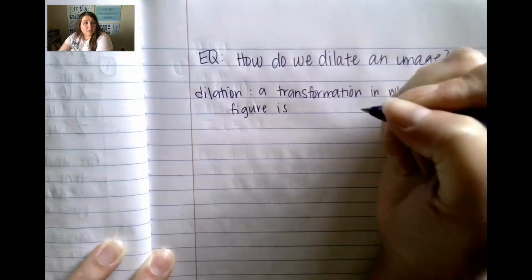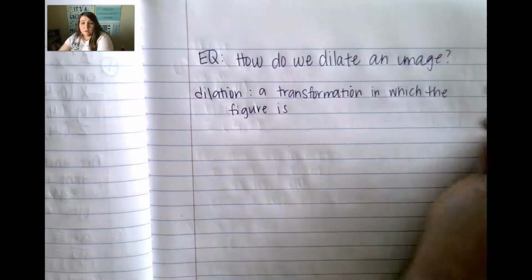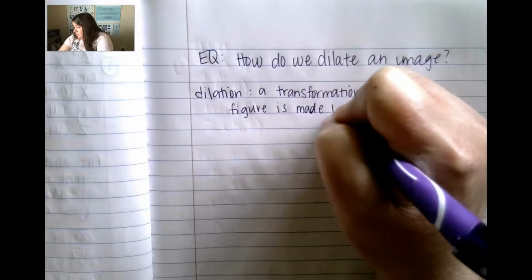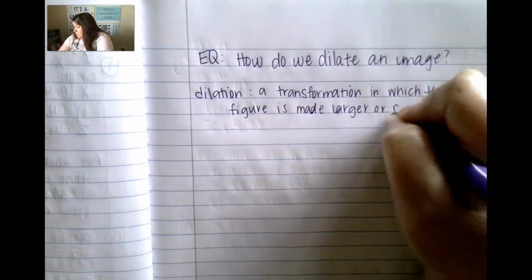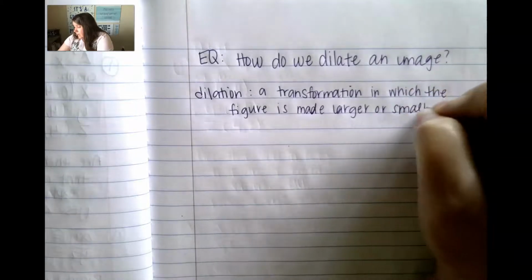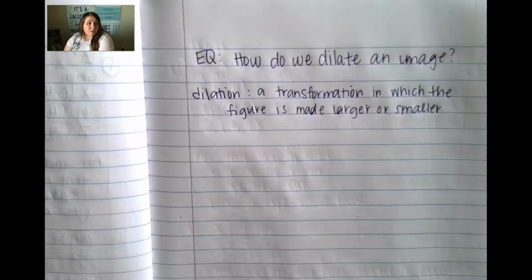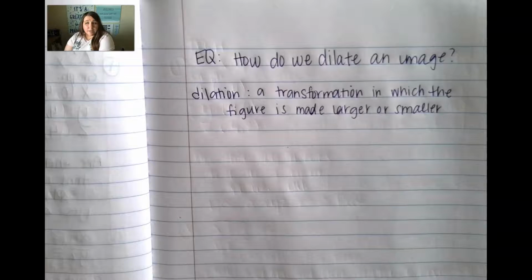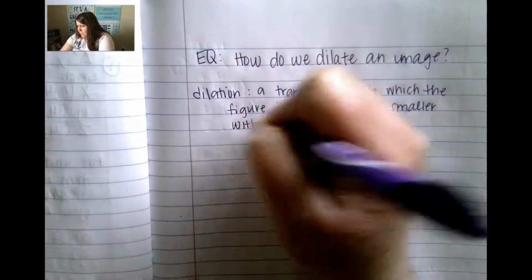A transformation in which a figure is made larger or smaller. And they tell us that it is with respect to a point called a center of dilation. And we will talk about what that looks like.